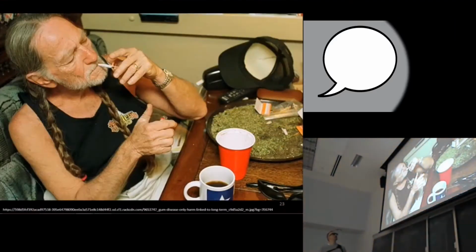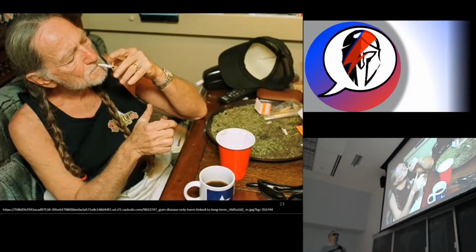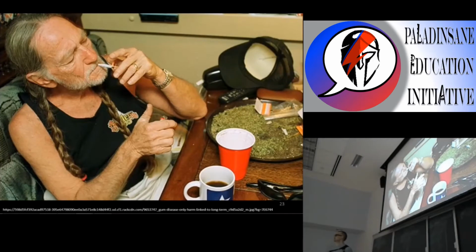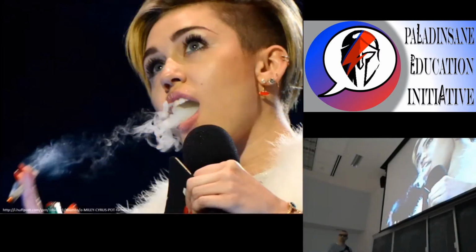So Willie Nelson's smoking of marijuana probably influenced a lot of older males to get into marijuana use. And nobody's worried about a 60-year-old, 70-year-old individual finally deciding that they're going to try marijuana for the first time, for example. People are much more worried about individuals with Miley Cyrus's characteristics learning or acquiring that knowledge.